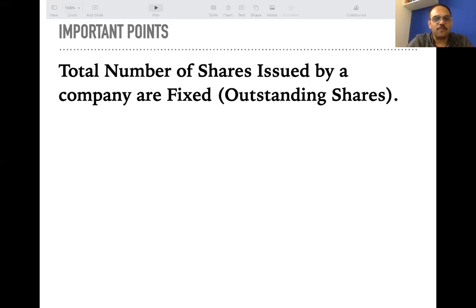So an important point is the total. Before we go to accumulation and distribution and uptrend or downtrend, we have to remember in our mind, like I gave the example of tomato market and vegetables, but in shares, when a company issues shares to its shareholders, the total number of shares issued by any company is limited, right?